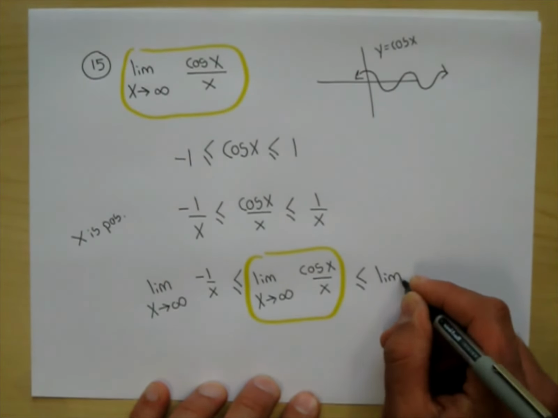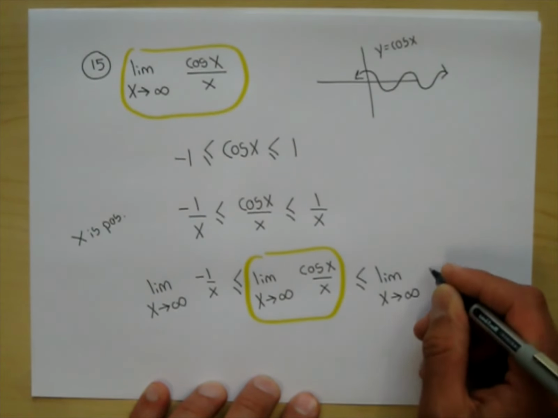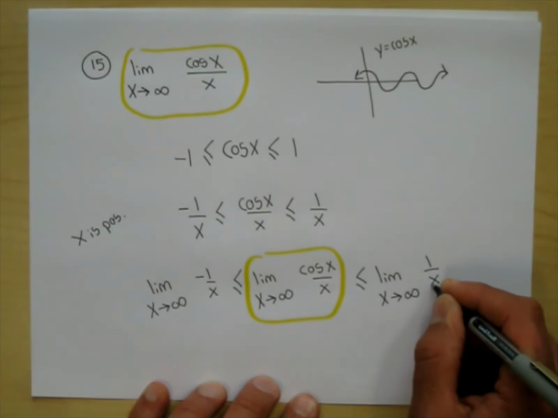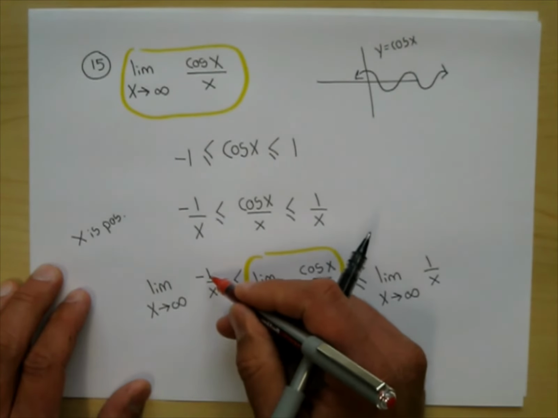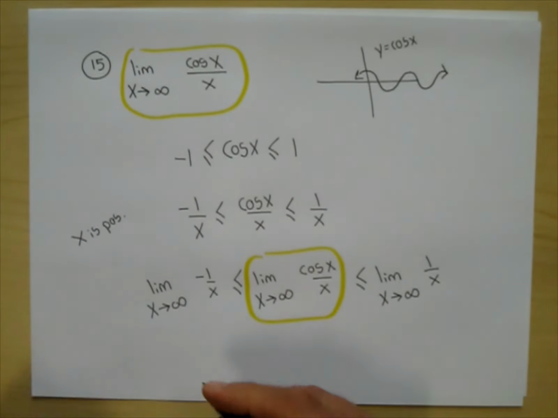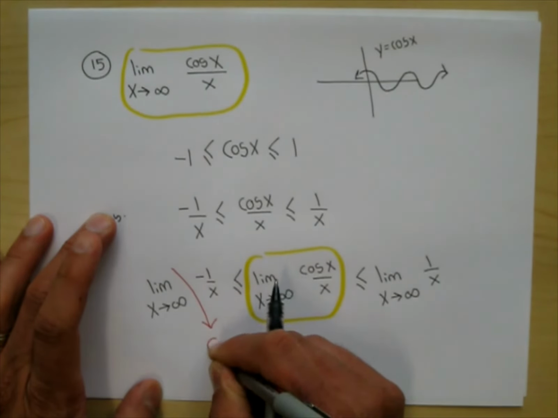So this is the limit as x approaches infinity of 1 over x. Well, we know that this one right here is negative 1 over infinity, so this one is 0. I'll just say this one goes to 0.